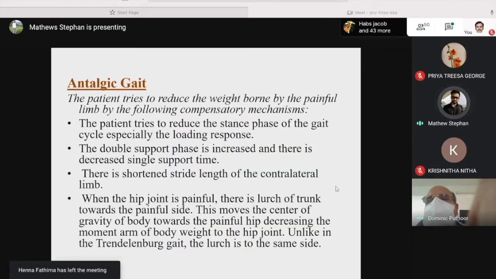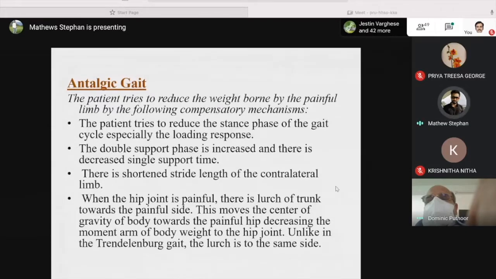Coming to antalgic gait, the patient tries to reduce the weight borne by the painful limb by the following compensatory mechanisms. The patient tries to reduce the stance phase of the gait cycle, especially the loading response. The double support phase is increased and there is decreased single support time. There is shortened stride length of the contralateral limb. When the hip joint is painful, there is lean of the trunk towards the painful side. Here the lean is towards the painful side.